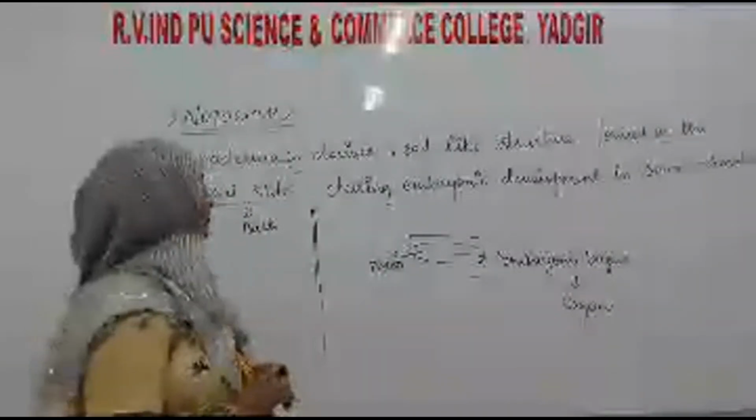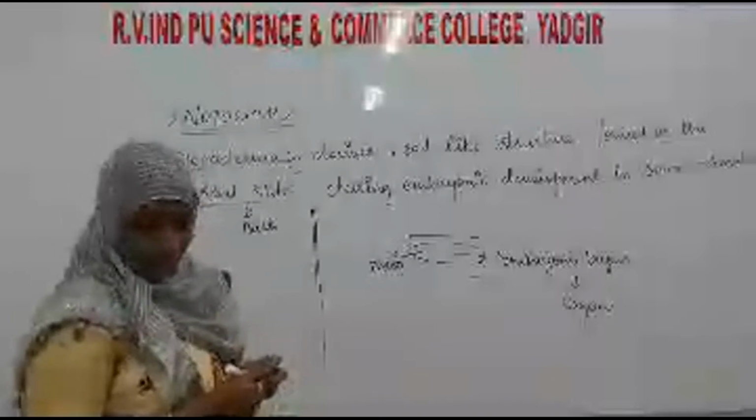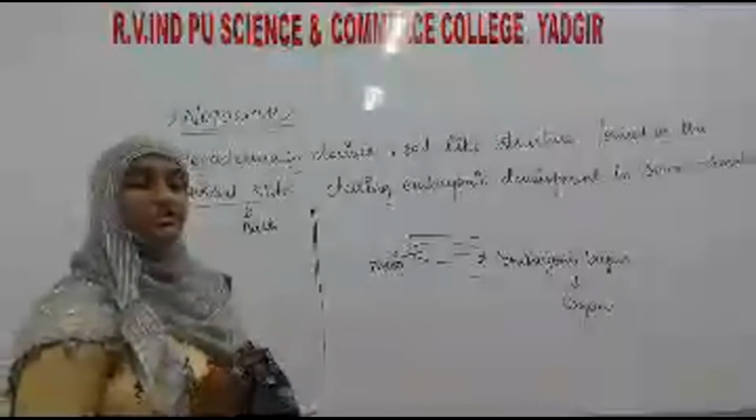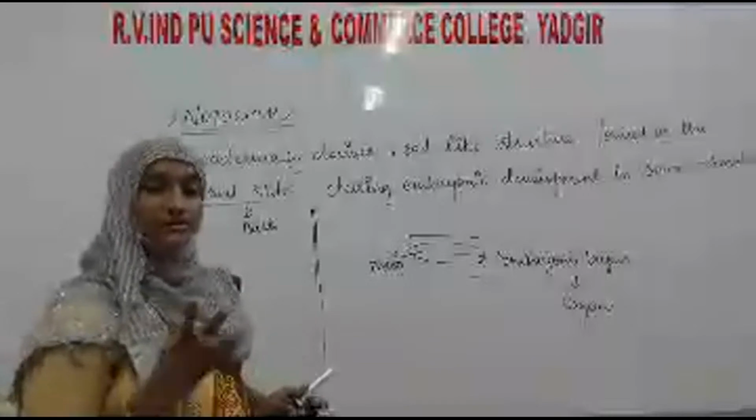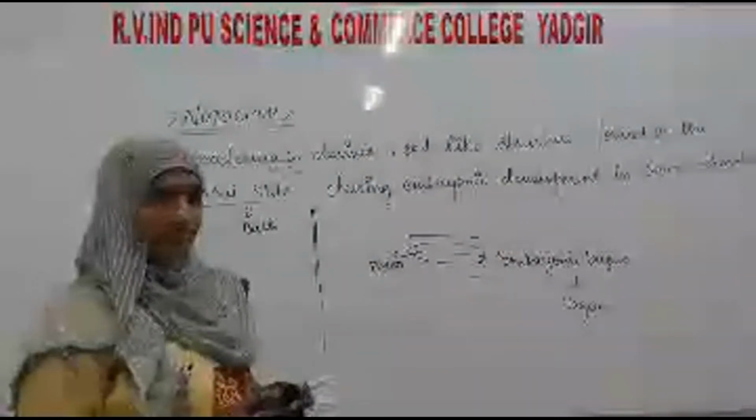So that is the notochord, and some of the animals will possess the notochord and some of the animals will not possess the notochord.